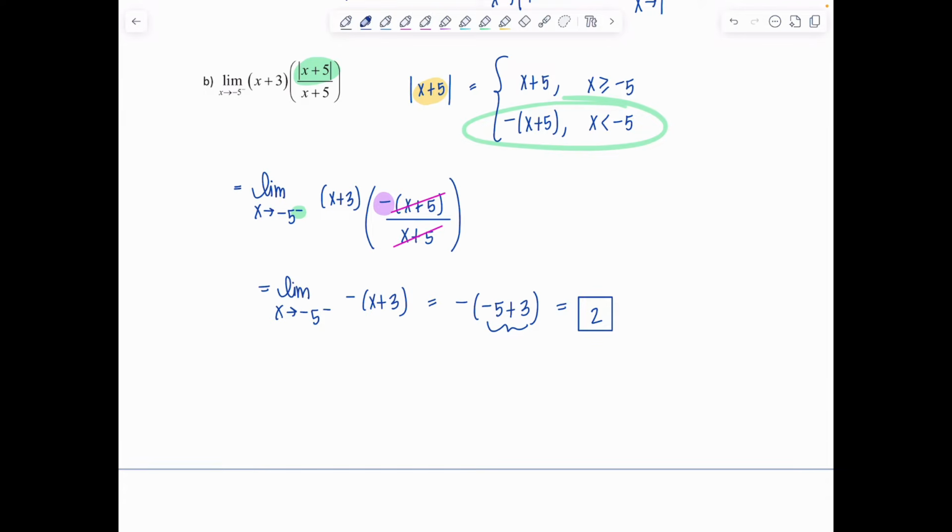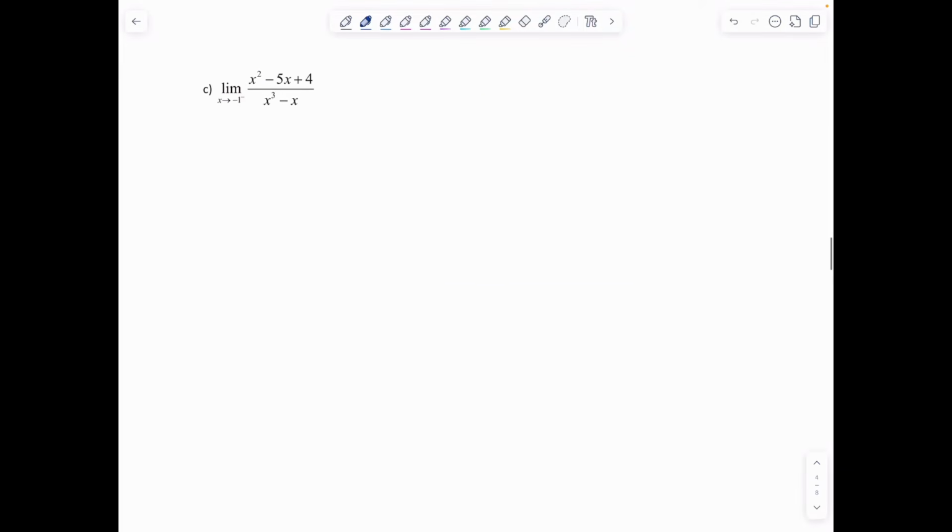Let's look at a pretty tricky limit to wrap up this idea. We have the limit as x approaches -1 from the left of x squared minus 5x plus 4 over x cubed minus x. So that first limit we looked at, just try direct substitution first, plugging in -1. In the numerator we'd get -1 squared minus 5 times -1 plus 4.